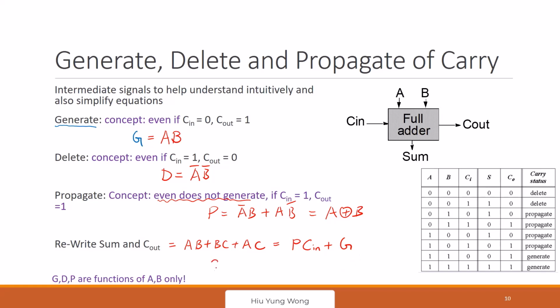How about S? S is equal to A exclusive-or B exclusive-or C in. And here we learned that this is just propagate exclusive-or C in. This one is easy to see from the equation because A exclusive-or B is P. But I can also think of it in this way.